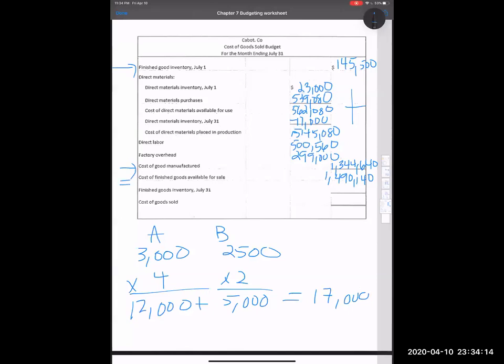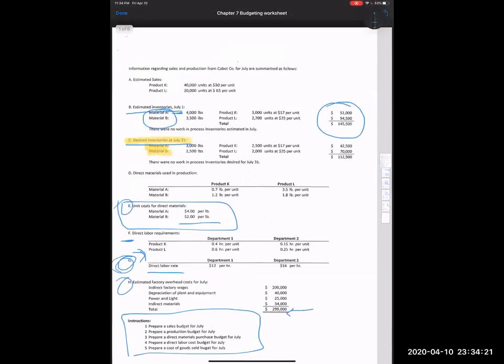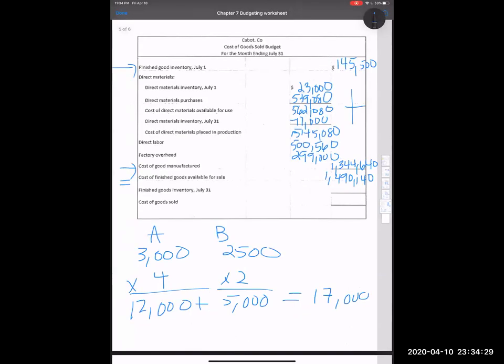All right, so our finished goods inventory as of July 31st, well, finished goods. So on July 31st, here it is, our numbers and our rates. So it is a total of 112,500. So we're gonna subtract that out, right? So don't forget the formula that we learned in chapter 1, okay?